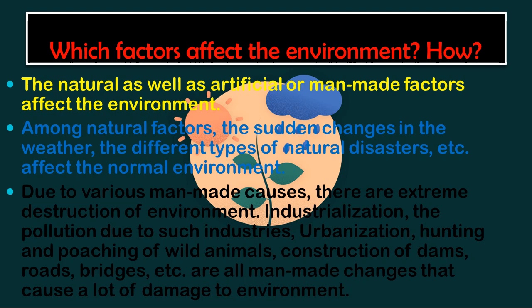Due to these man-made activities, the environment is getting polluted. And natural factors like changes in the weather and natural disasters affect the normal environment. So this is how the environment is harmed naturally and artificially.